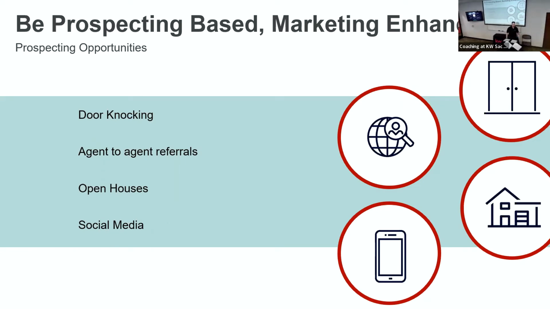Maybe not just in this office too. You may make friends with our friends over in Fair Oaks. You may make friends with our guys in Roseville. You may make friends with guys over in Folsom. You may even make friends with the guys in Elk Grove. And guess what? You might not want to go all the way down to Elk Grove or even further into like Lodi and Stockton, where we also have a couple of offices. That's a good way for you to refer business and build that strong relationship.